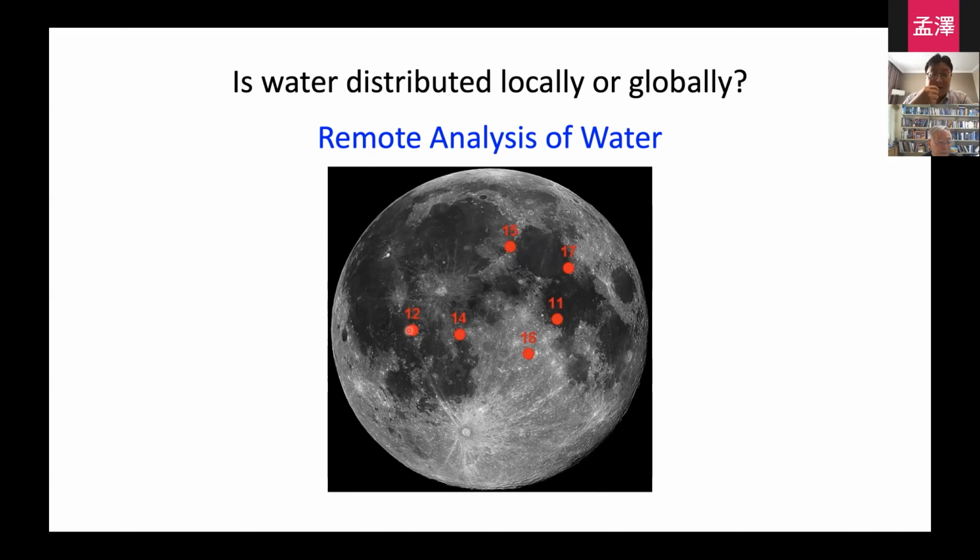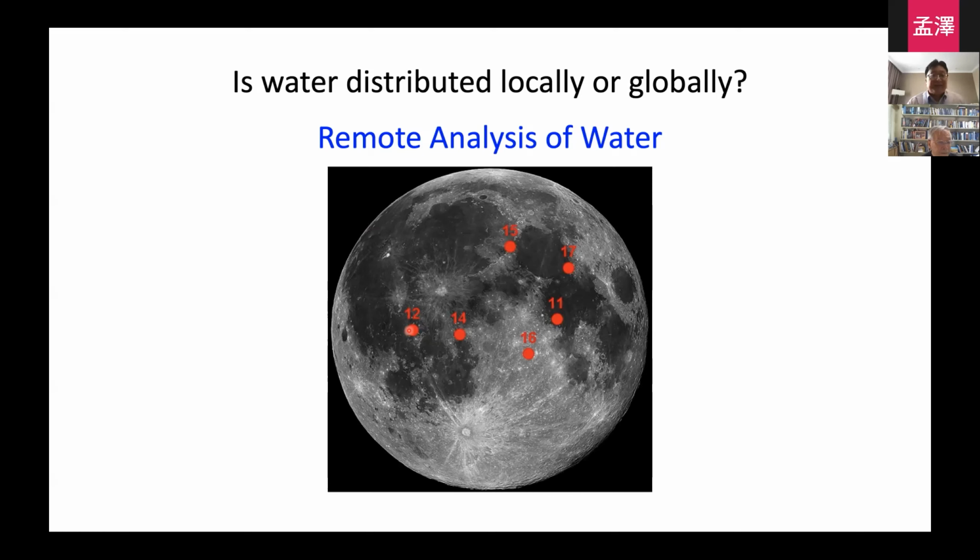So the water concentration in our lunar samples can support whether water is distributed locally, in these 6 landing sites, or globally.